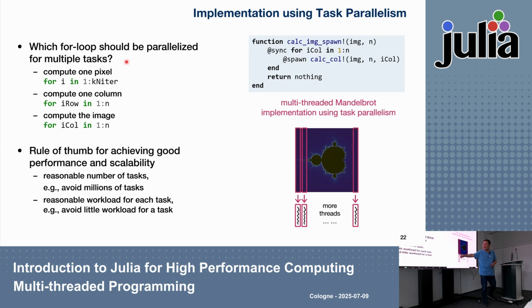And the second is also very clear, I think, for some of you: avoid little work for a task. For example, just do multiply and add, and then this is a task. No, this makes no sense. You need to give enough work, enough calculation, for example, enough work for computing this column to one task, and then have 1,000 tasks.